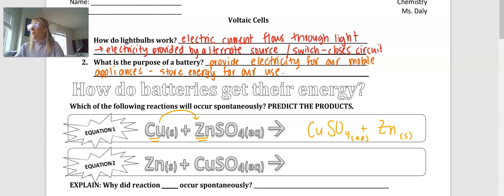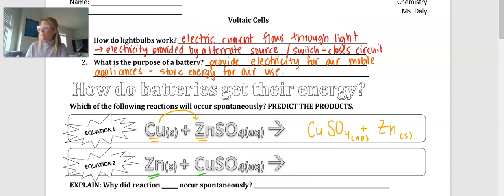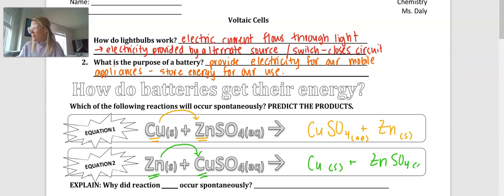Now, what about reaction 2? In reaction 2, we're looking to have zinc metal replace copper metal. So we're going to end up with Cu solid, plus ZnSO4 aqueous.